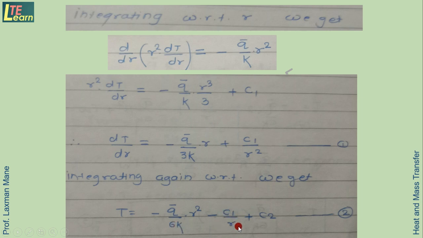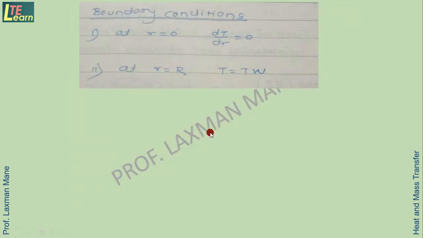Then here C1 by minus r, how it comes, integration of 1 upon r square is minus 1 upon r, so this minus sign comes here, plus C2, that is integration constant. Then we use boundary conditions.